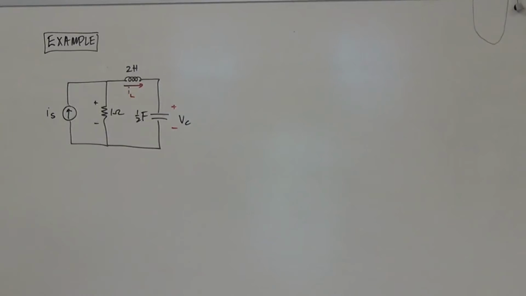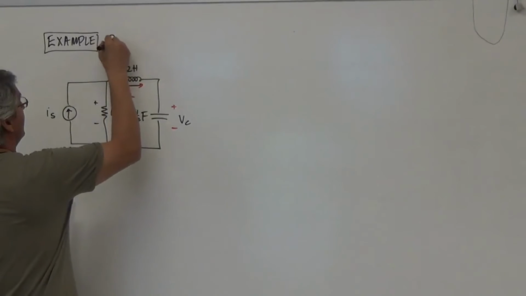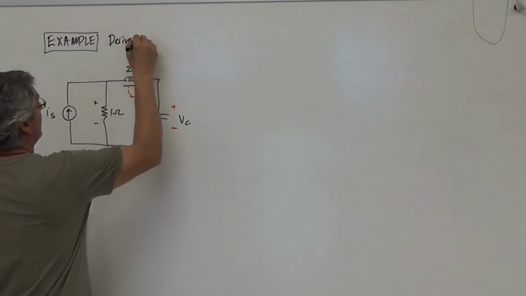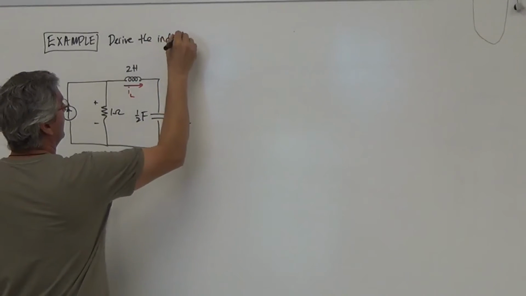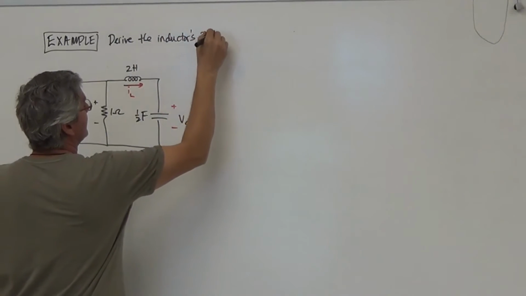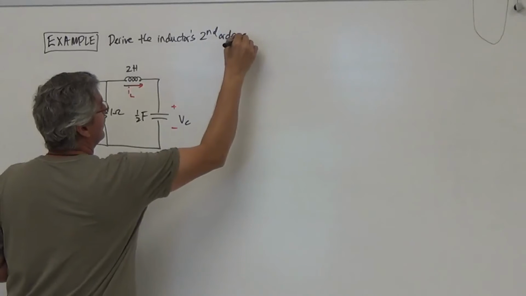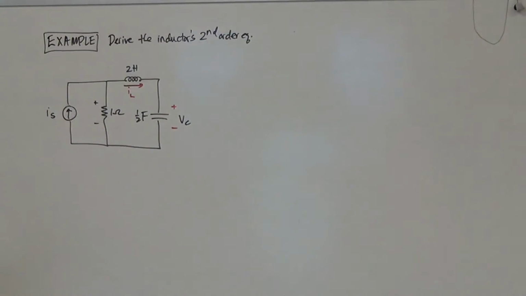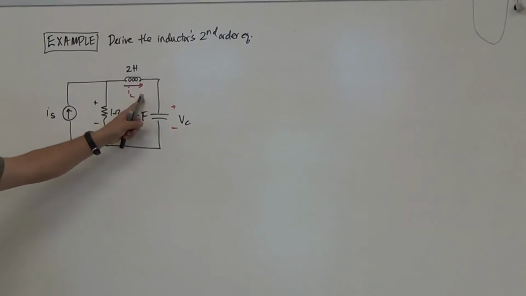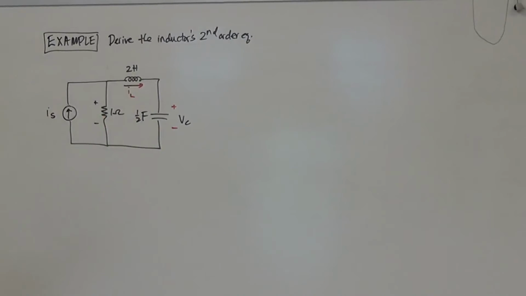Okay? So if I go to derive this equation, let's say I'm asking you to derive the inductor's second order equation. So this is what we really want to solve for. That immediately says I'm going to define my variables, x1 and x2.